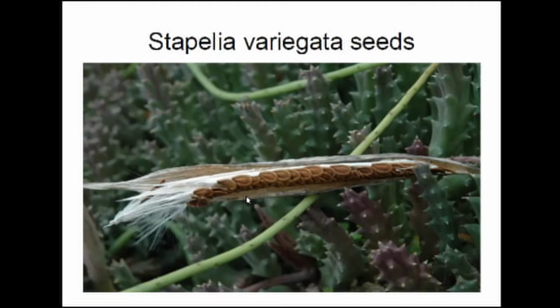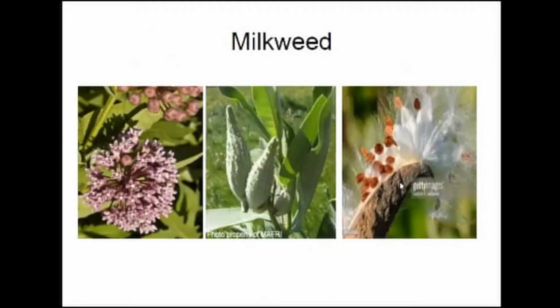And just to show you how conservative the flowers are, and how similar the flowers of the same family but completely different genera from different environments, from different habitats. This is milkweed, which is a very common Ontario plant, which doesn't have anything to do with succulents.